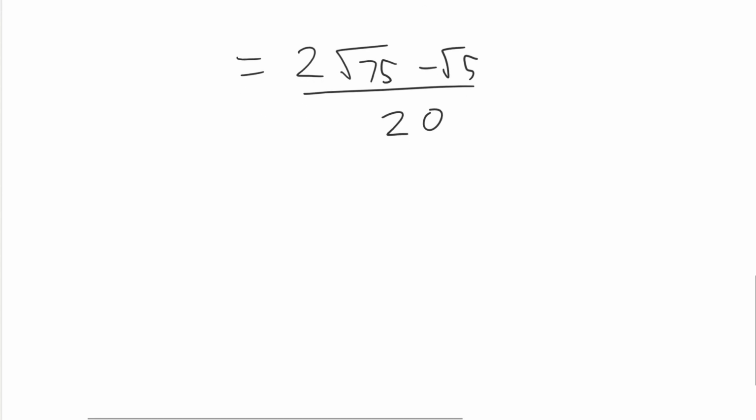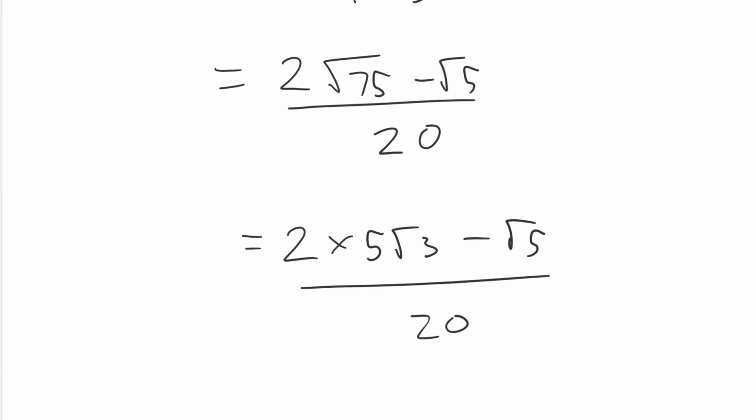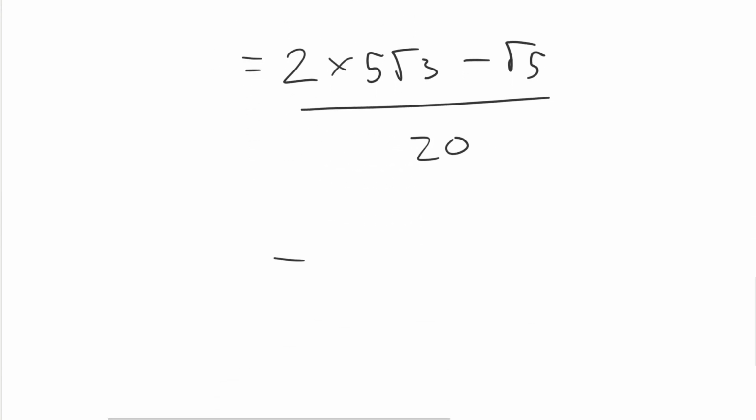What two numbers multiply to 75? We can have 25 and 3. We know that root 25 is equal to 5, so it's just 5 times root 3. So it's 2 times 5 root 3 minus root 5 on 20, and therefore our final answer is 10 root 3 minus root 5 on 20.